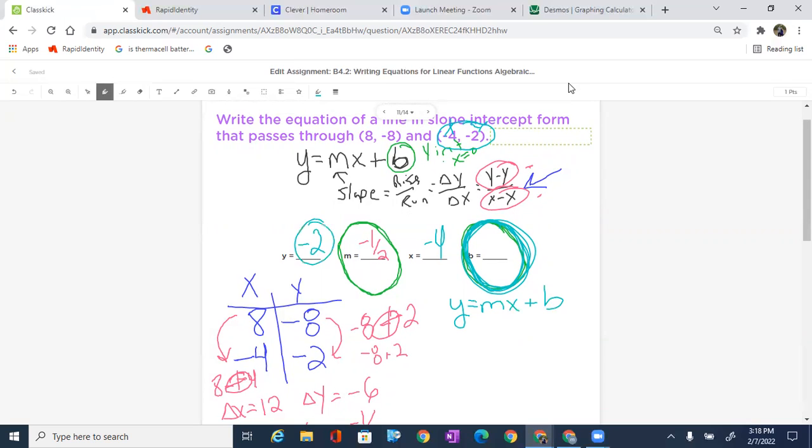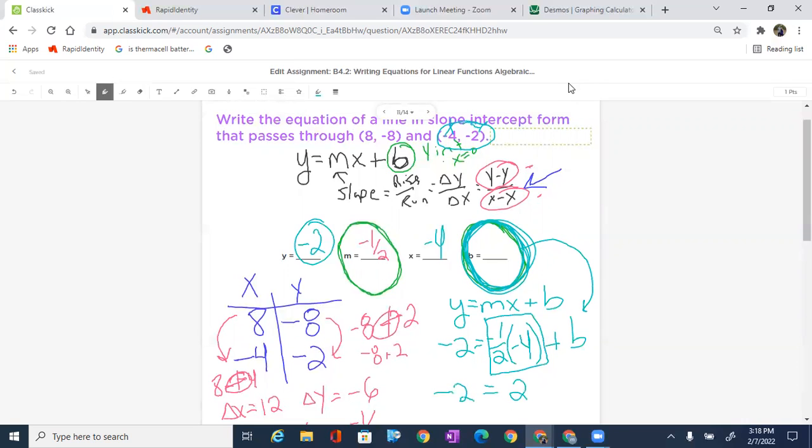Y is -2 equals the m, which we found was -1/2, times the x, which is -4, plus the b value that we're going to be looking for. That's the important part. I'm going to take -1/2 of -4, which is going to be 2, because a negative times a negative is a positive.